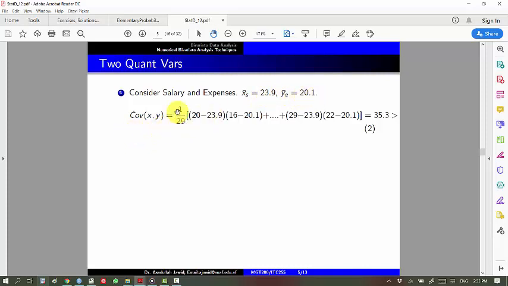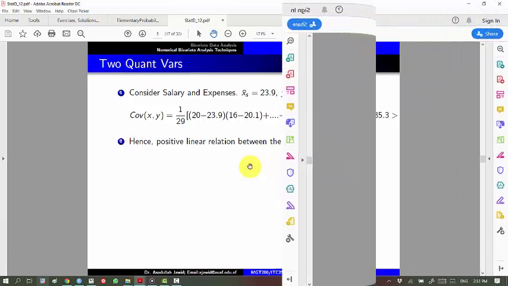The covariance between the two using the formula is 1/29, because I have 30 observations, times the sum of each observation minus the mean in salary, times the difference of each observation minus the mean in the expenses variable. We do this for all observations, sum it all, divide by 29, and we get 35.3, which is bigger than 0. This is an indication that we have a positive linear relation between two variables.